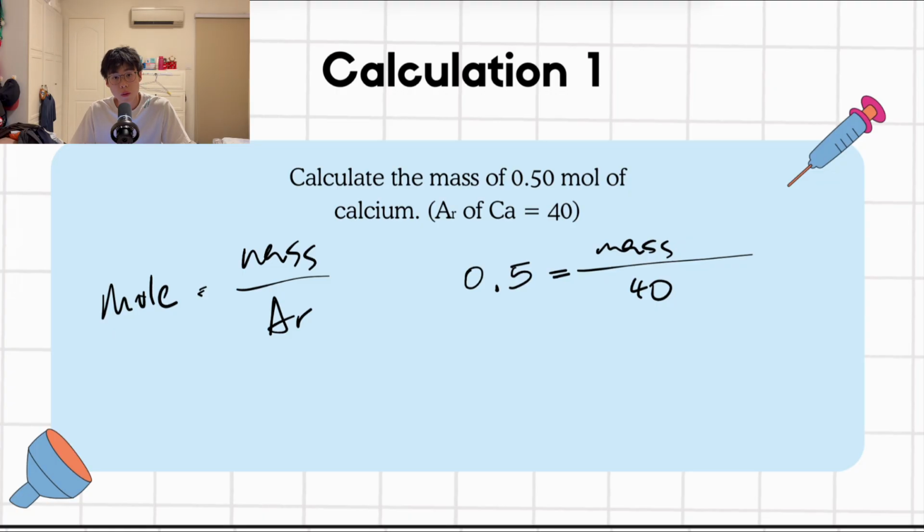But if we think about it logically, because there's only half a mole and the relative atomic mass represents the mass of a substance at 1 mole, we know there's only half of the amount now, and therefore it'll be 40 divided by 2, which is 20. So mass would equal 20 grams.